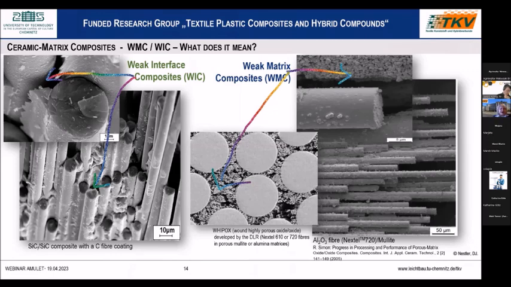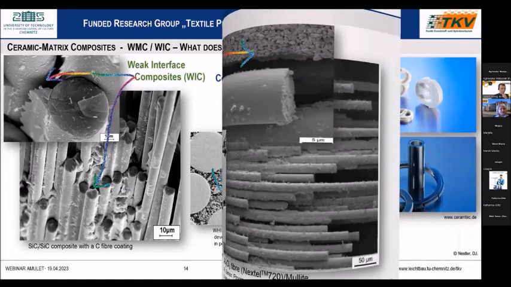This means I have a silicon carbide fiber in a silicon carbide matrix. And on the right-hand side, you see there the weak matrix. This is a composite of an aluminum oxide fiber in a mullite matrix. Yes, and you can see this very well, what I mean with these two models.